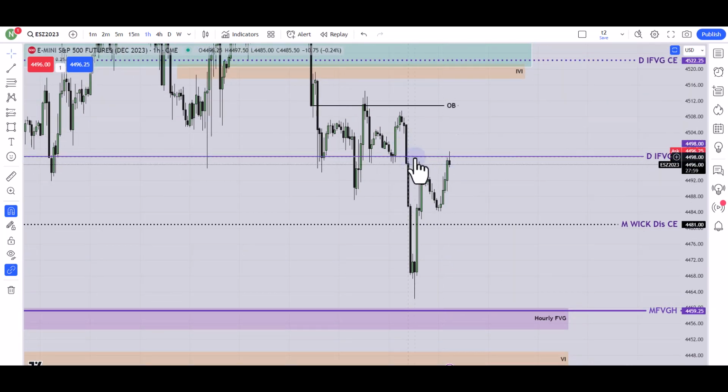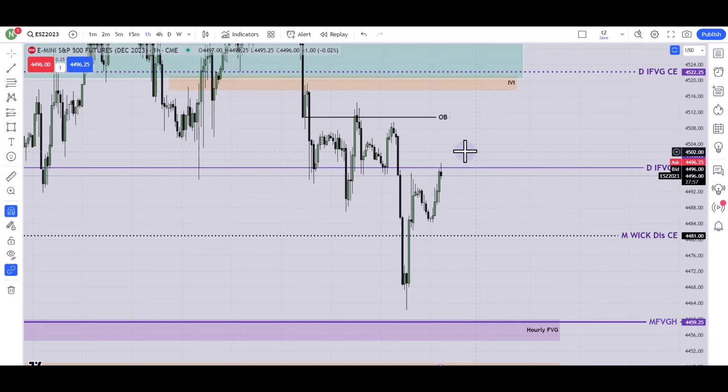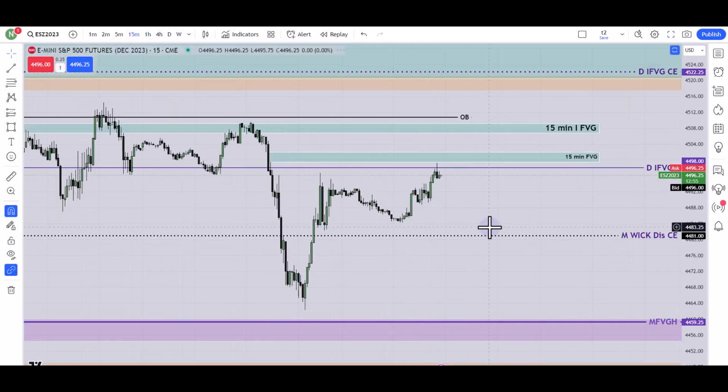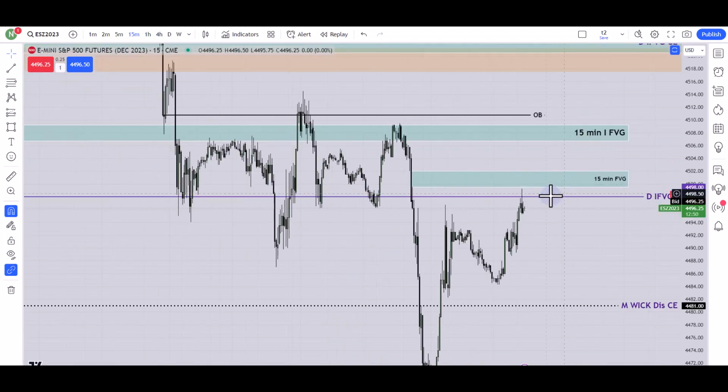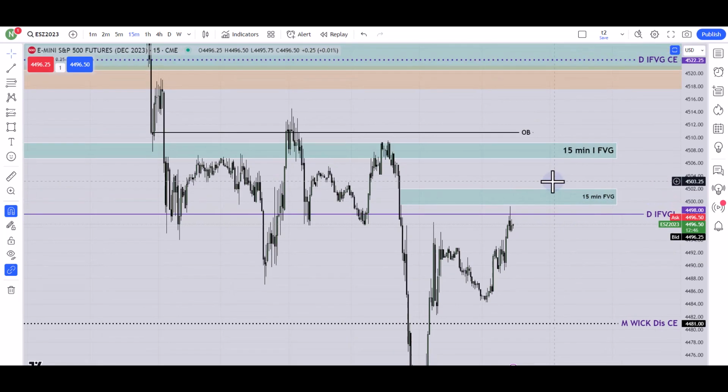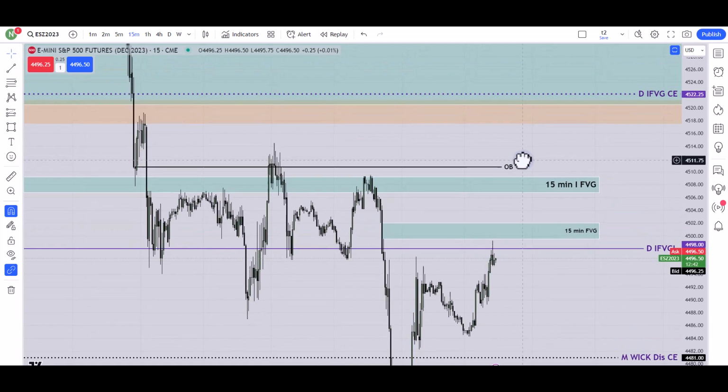So let's go to the 15-minute again. So here is the 15-minute chart. It actually wants to trade this fair value gap as well, and this is the order block. I don't want to see it go to the volume imbalance today. But if it goes over there before FOMC, I'm happy.